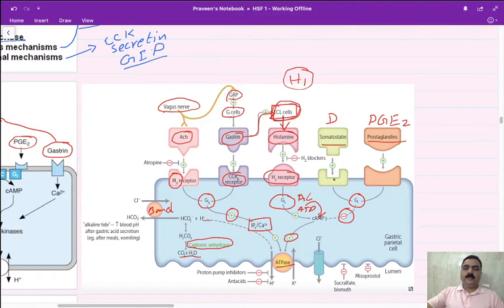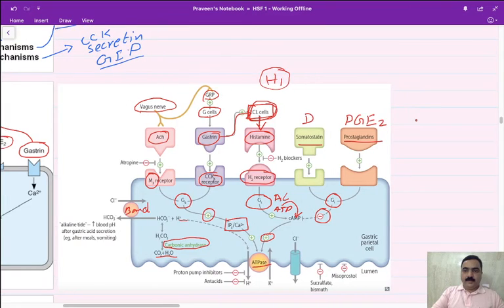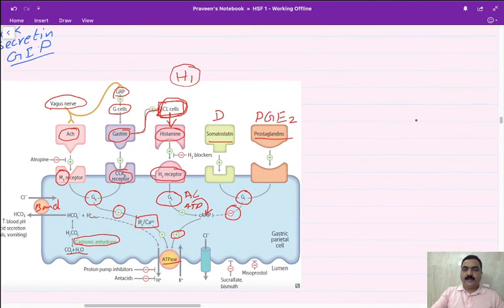Okay, so with regards to prostaglandin, a little bit more detail about where we get these prostaglandins from. Okay, prostaglandins are synthesized from what? From the arachidonic acid. Okay, arachidonic acid is the fat molecule that is present on the phospholipid bilayer.